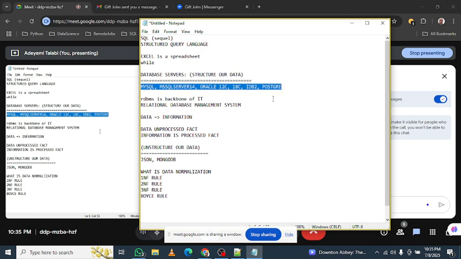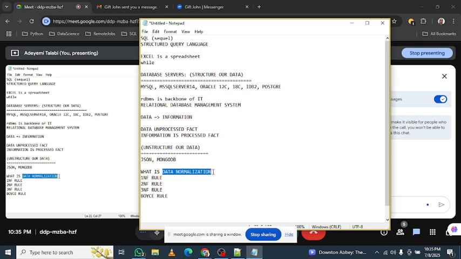All of them have a common language, which is SQL, structured query language. To understand structured query language, we must have a big knowledge of data normalization. With that, it will make this training easier for us, at least to have ideas of what data normalization is.